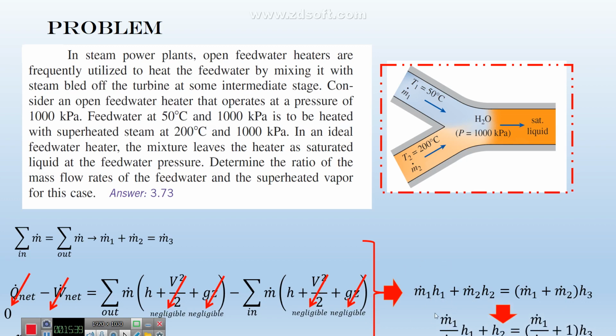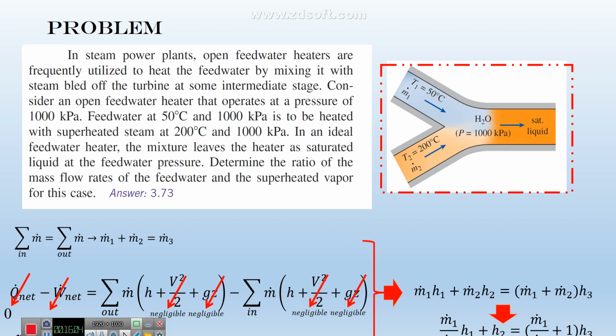So this is the unknown parameter. To find m dot 1 over m dot 2, you need to find h1, h2, and h3. For h1, you have the temperature and pressure. Temperature is 50 degrees centigrade and pressure is 1000 kilopascal.